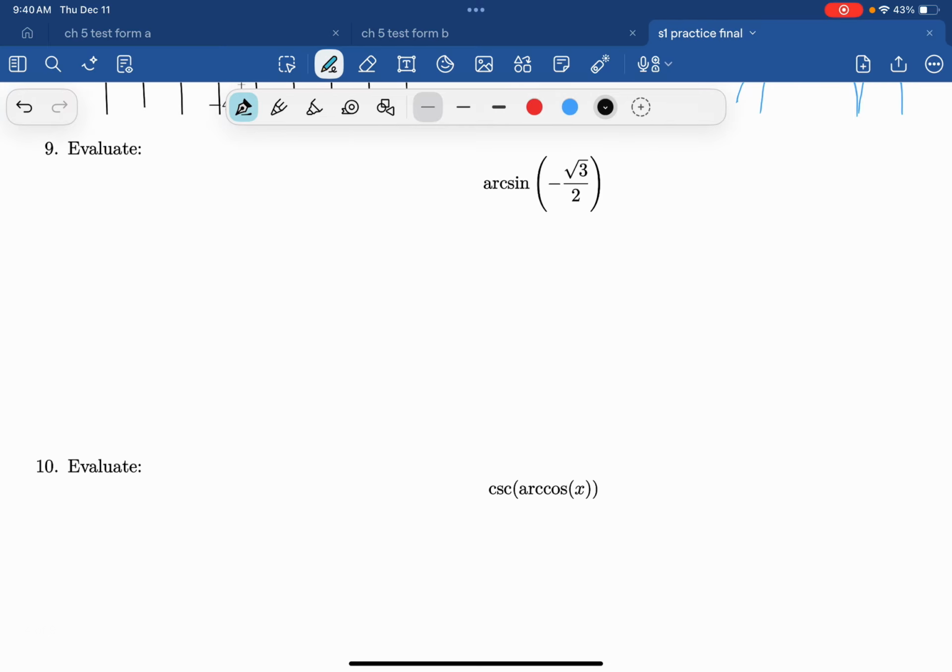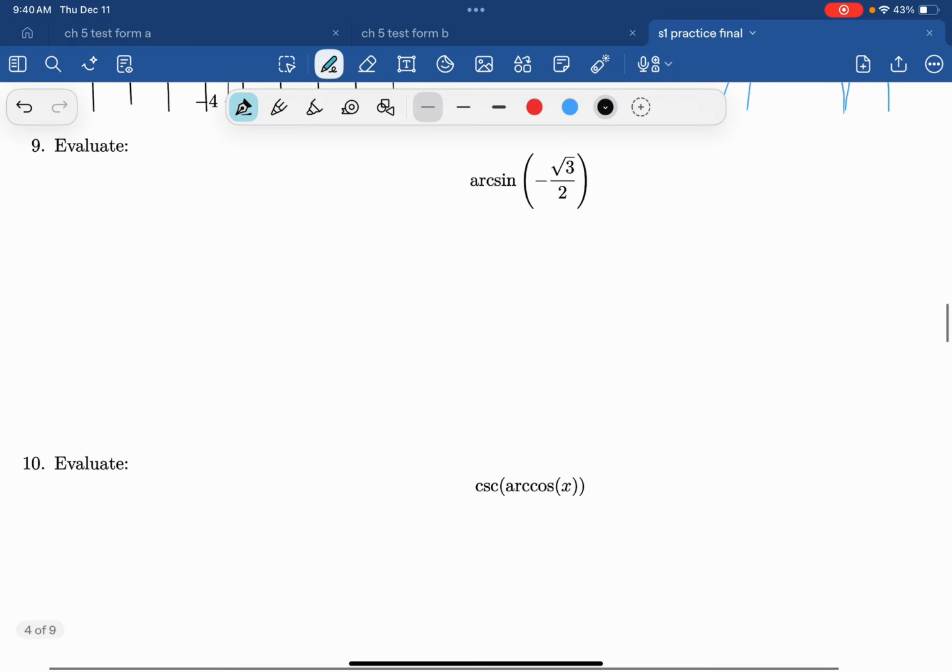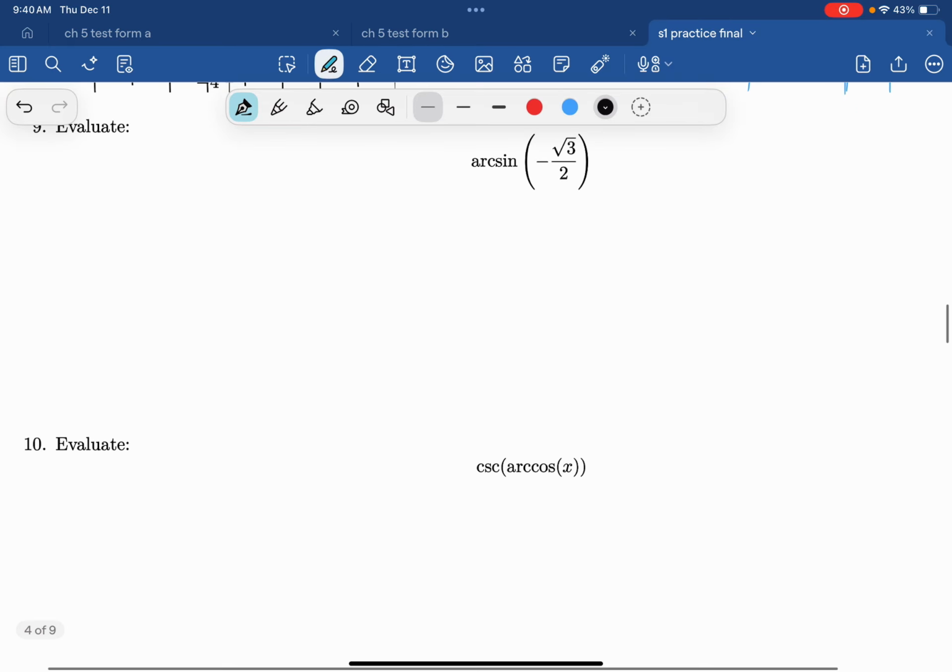All right, so for inverse trig, remember the restricted ranges of the arcsine, arccosine, and arctangent functions. Arcsine can only give you a value between negative pi over 2 and pi over 2.